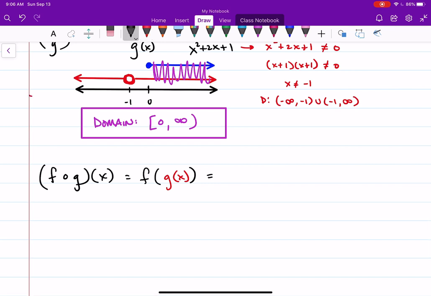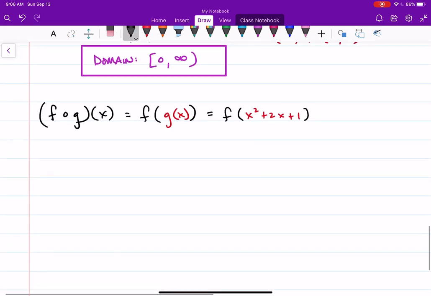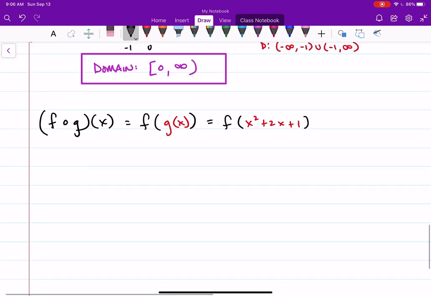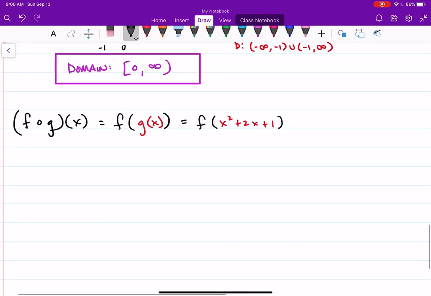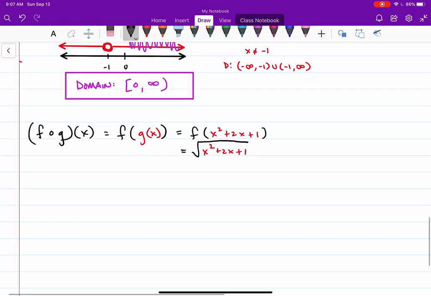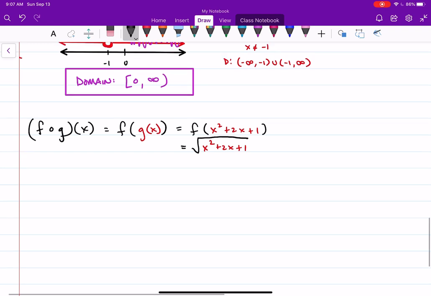So this is going to say f of x squared plus 2x plus 1. The f was square root of x, so this is equal to the square root of that whole thing. Great. So that is what my answer would be.